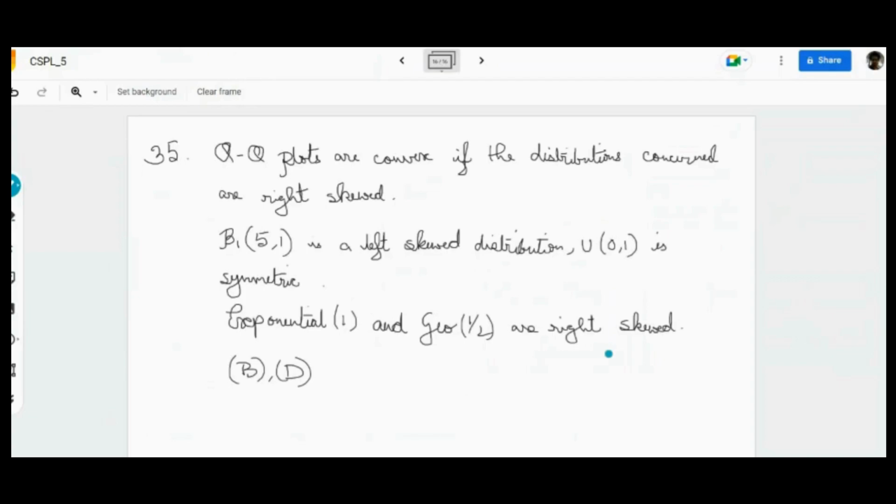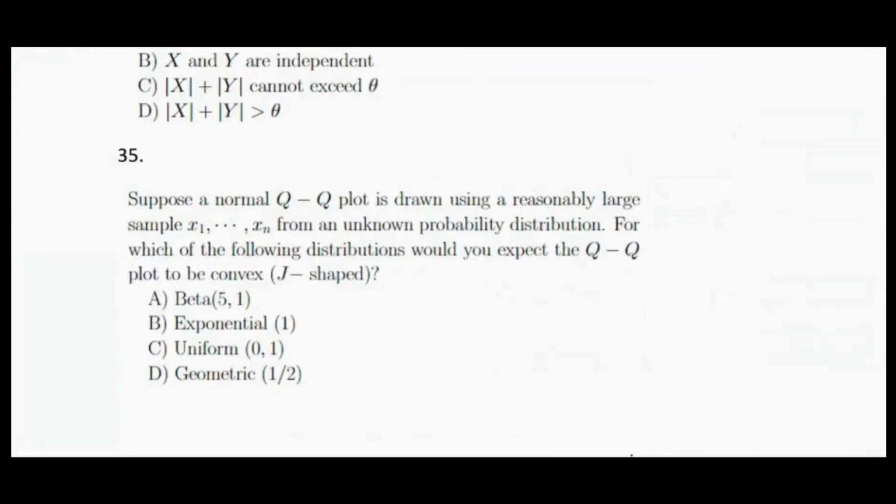And similarly geometric half has higher probability in the smaller values, since as you proceed in the trials of the geometric distribution, your probability of landing on a particular value decreases. So from here we can see that B and D are the correct options.